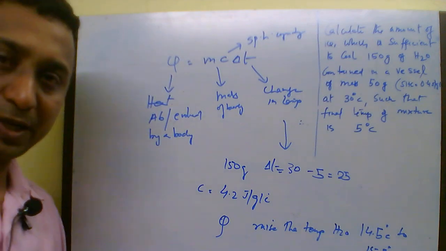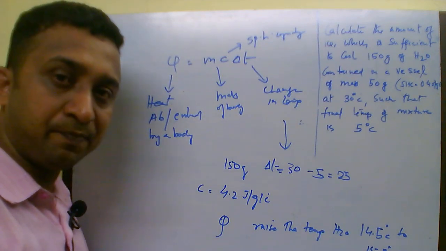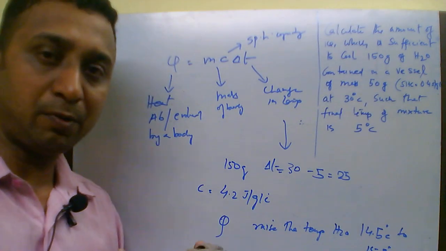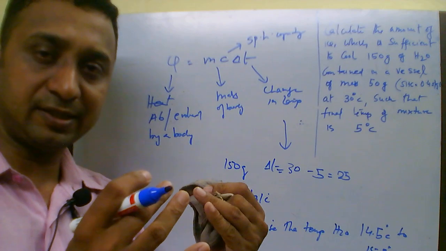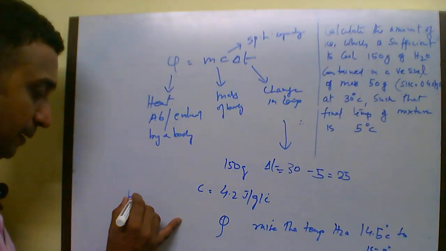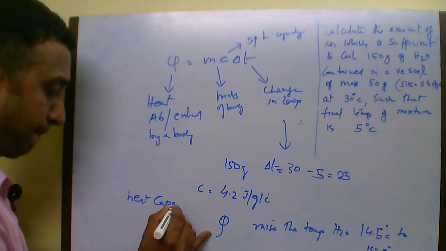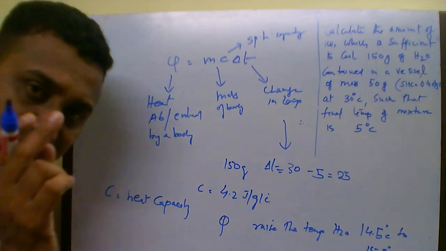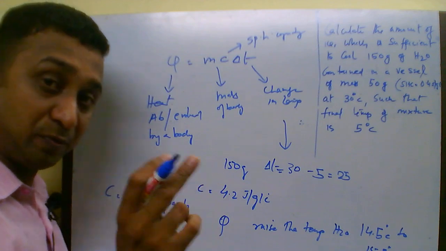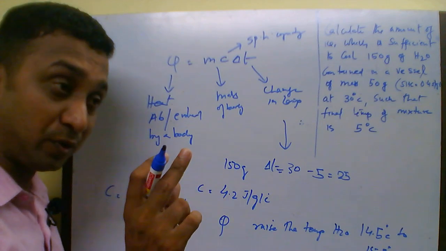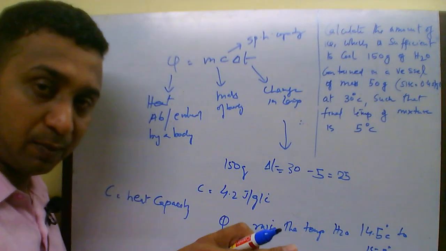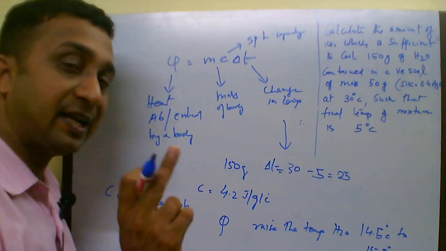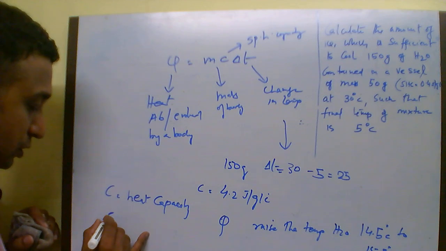So without specifying the mass of the body, I simply note down the amount of heat absorbed by the body to raise its temperature by 1 degree Celsius. It becomes heat capacity, denoted by capital C. When I specify how much heat is required to raise the temperature of 1 gram or 1 kilogram unit mass of that substance, then it becomes specific heat capacity, denoted by small c.